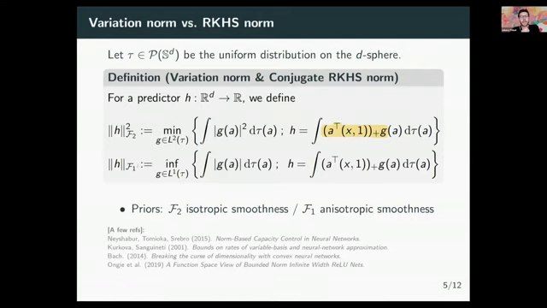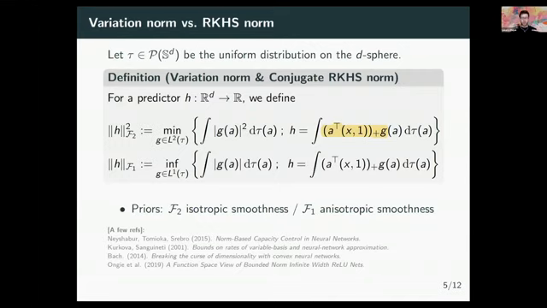And we similarly define the F1 norm as the one with the decomposition with the smallest L1 norm. So this corresponds to this switch from the parameter space view to the predictor space view, which Surya was describing in her talk previously. And so these two norms will define two different kinds of priors on the space of prediction functions.